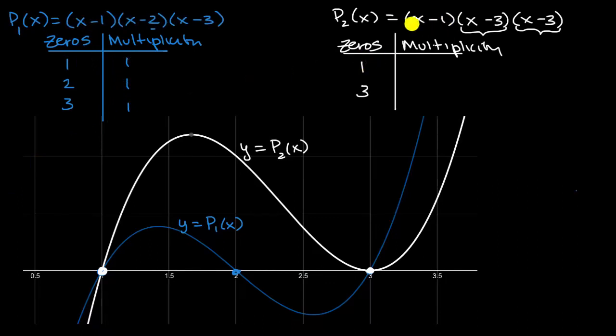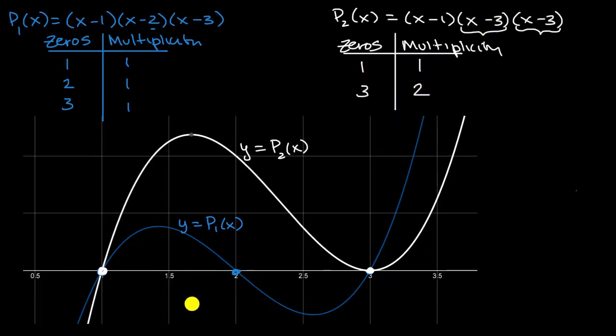Only one of the expressions points to a 0 at 1, or would become 0 if x were equal to 1. But notice, out of our factored expressions, two of them become 0 when x is equal to 3. This one and this one are going to become 0, and so here we have a multiplicity of 2.